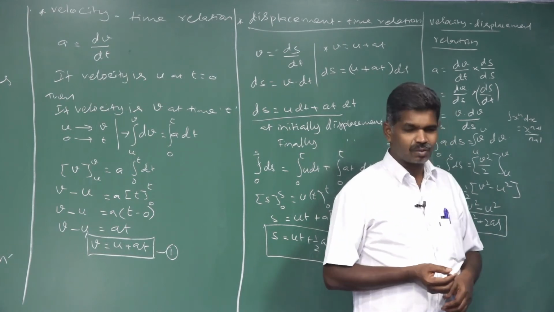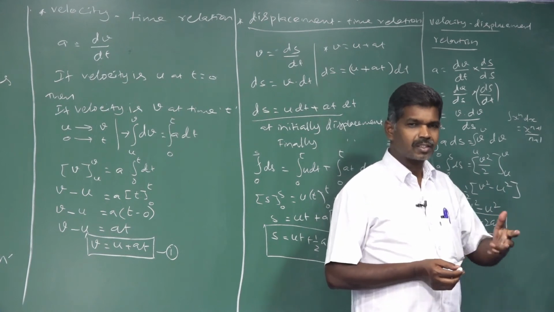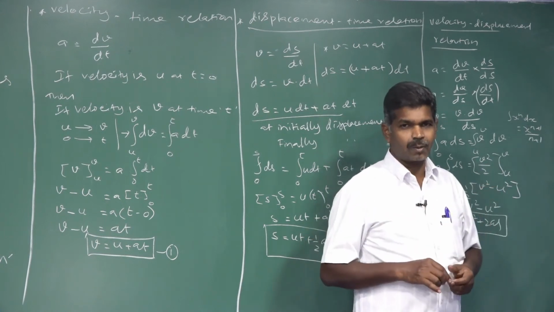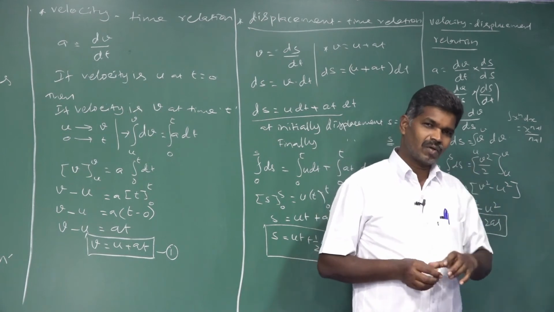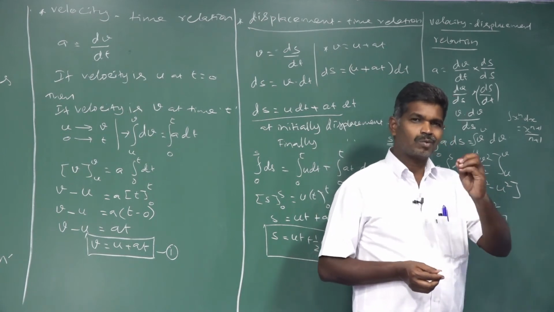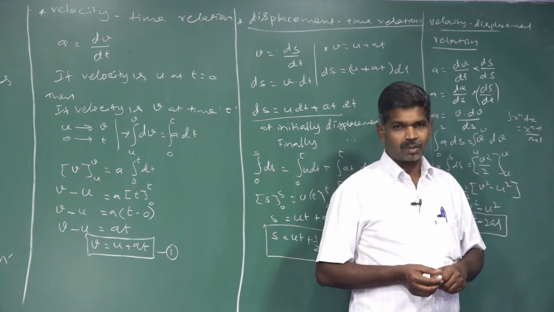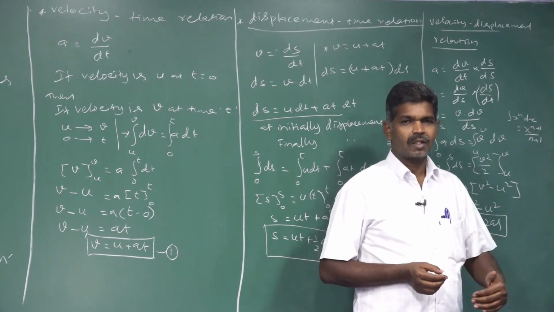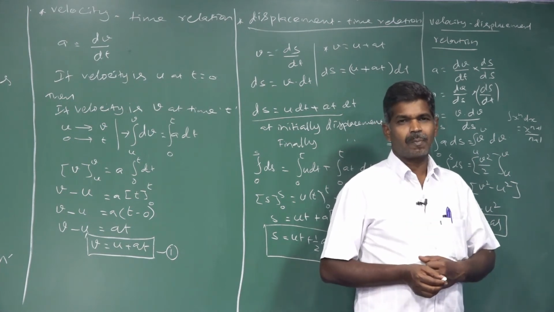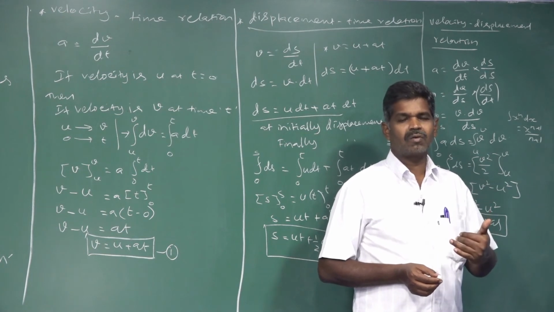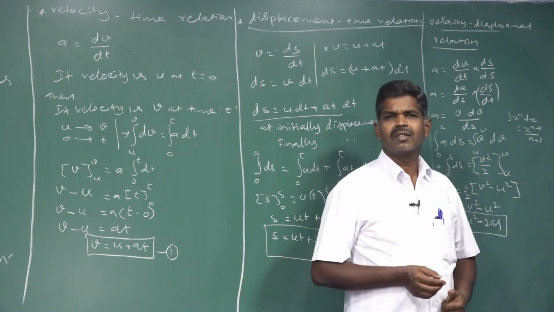The third equation is v square = u square + 2as. Another one we also have: using the initial and final velocity, we can give the displacement. So next is a relation of displacement with initial and final velocity.